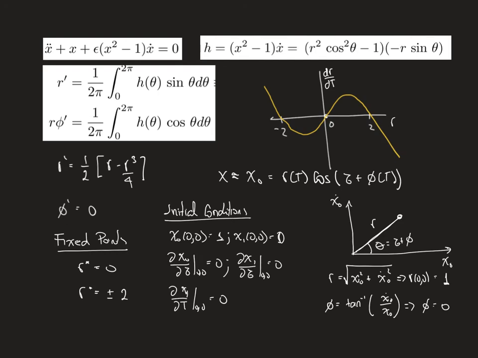So r starts at 1 and then just gets attracted to this fixed point, and it will reach 2 asymptotically as t goes to infinity. And this is actually the question we wanted to answer.